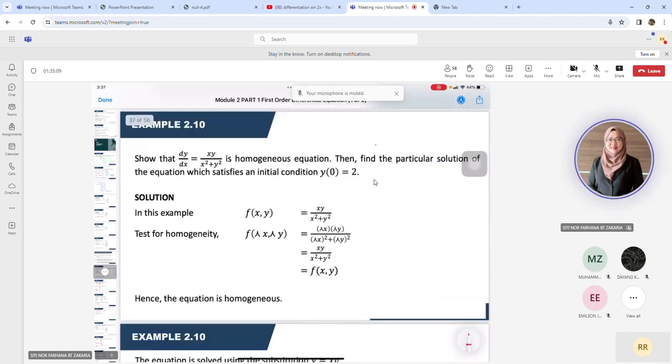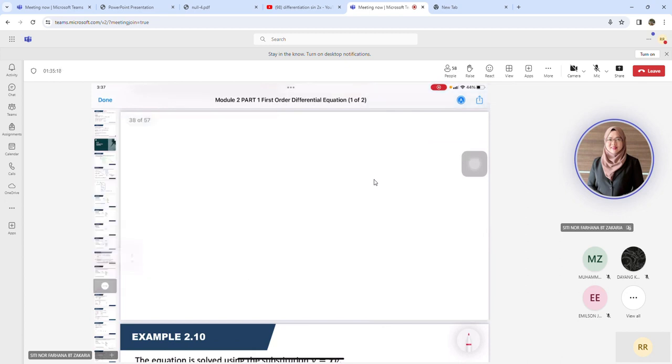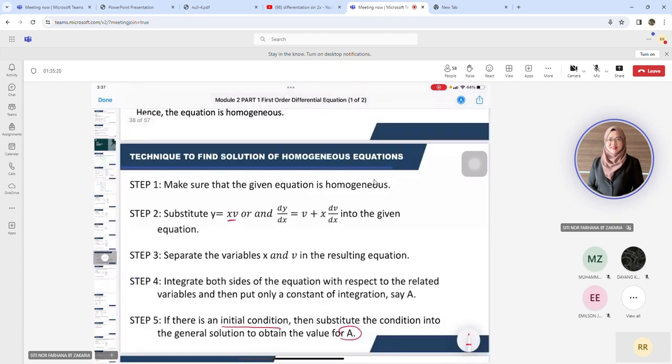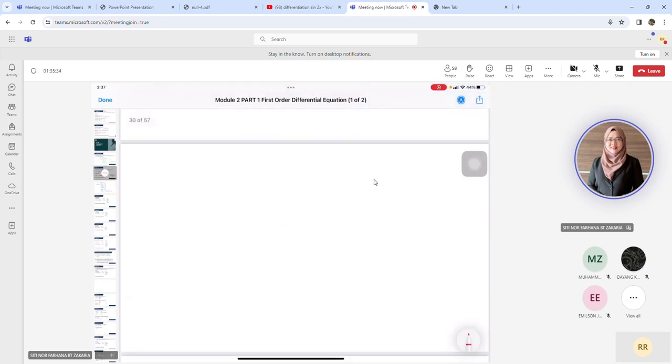Let's see this example. Maybe by doing the example, you all can nampak more clear lah about this step. So our DE is dy dx equals xy over x power of 2 plus y power of 2. Rasa macam example yang tadi.